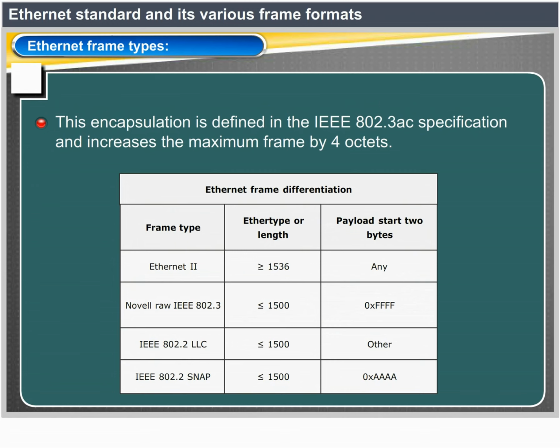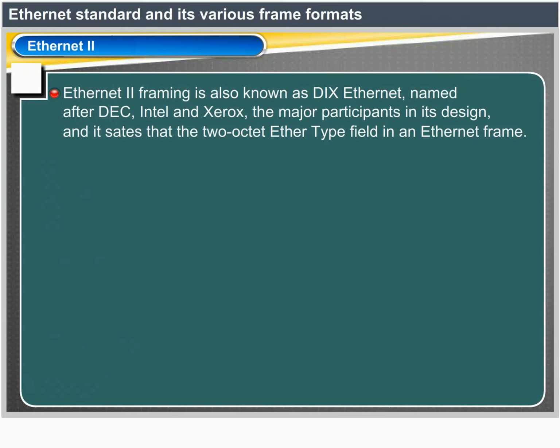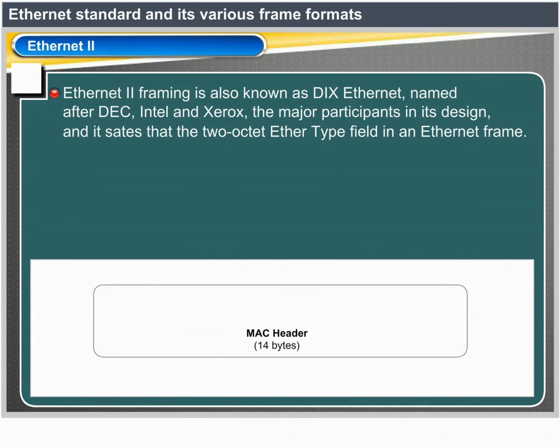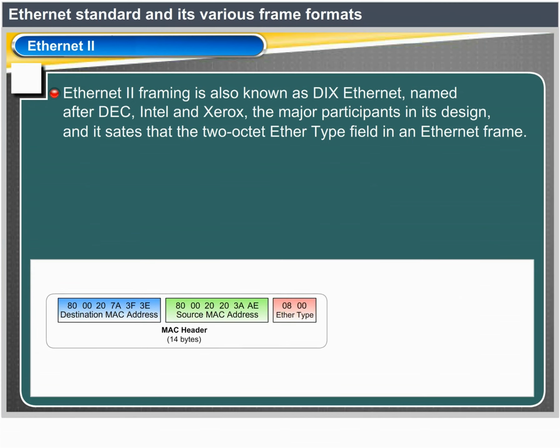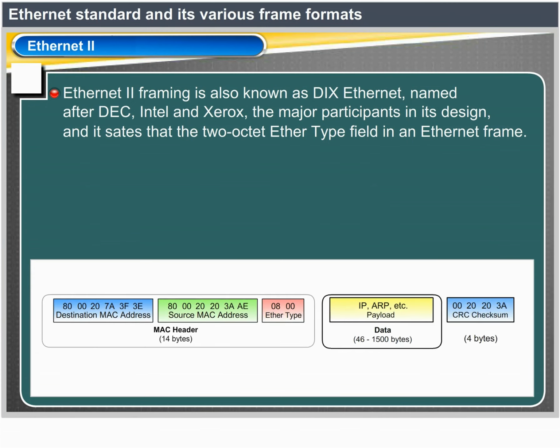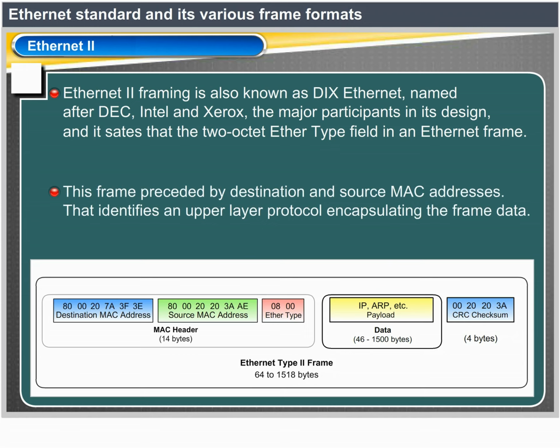Ethernet II. Ethernet II framing is also known as DIX Ethernet, named after DEC, Intel and Xerox, the major participants in its design, and it defines the 2-octet EtherType field in an Ethernet frame. This field, preceded by the destination and source MAC addresses, identifies an upper layer protocol encapsulated in the frame data.